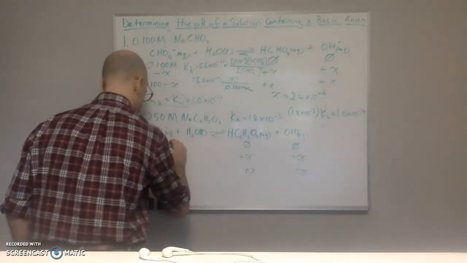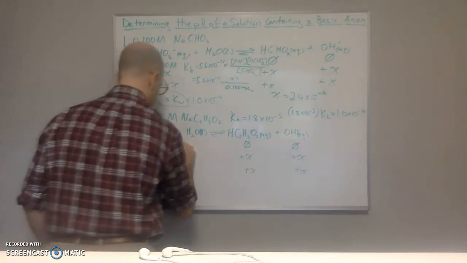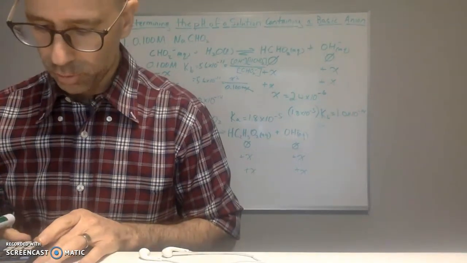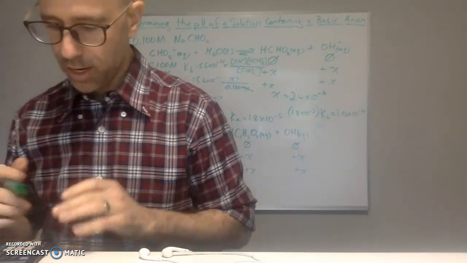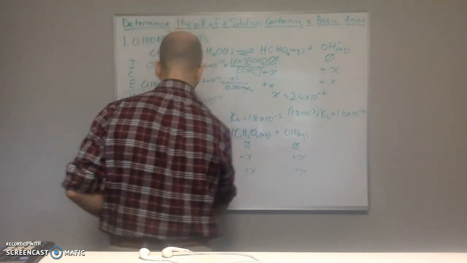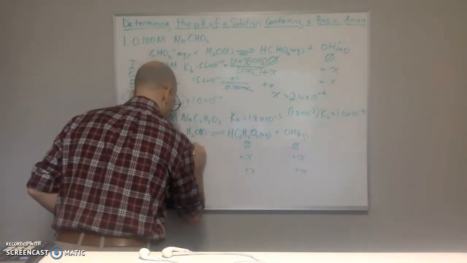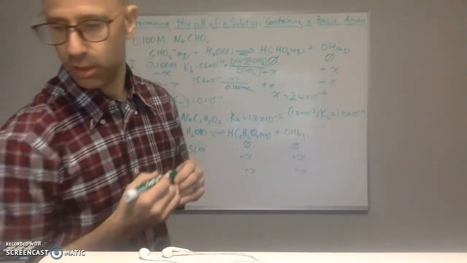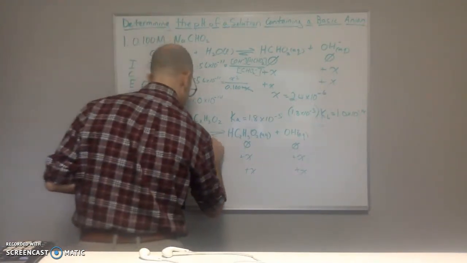So if we write Kb down here, Kb then is going to be equal to 5.556. So 5.56 times 10 to the negative 10.